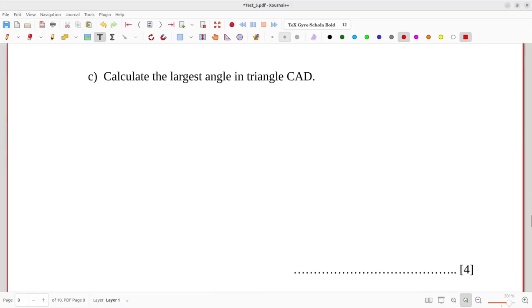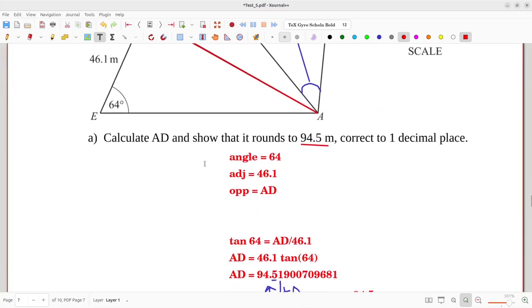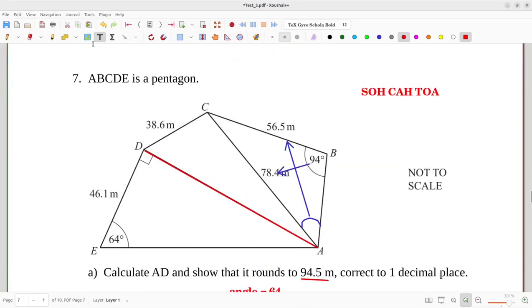Next question. Largest angle in triangle CAD. Triangle CAD is the triangle in the middle here. What is the largest angle here? It's obviously this angle there. Now let's check what we know. We've already calculated this side to be 94.5.